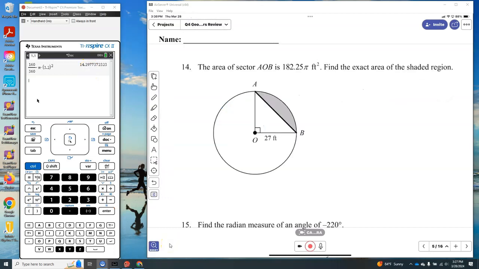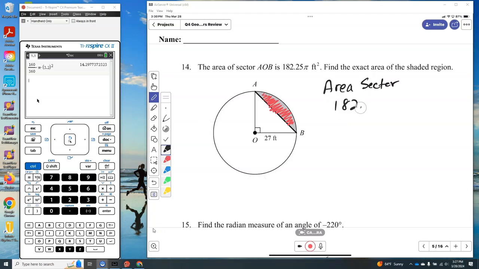The area of a sector AOB is 182.25 pi square feet. Find the exact area of the shaded region. So we're looking for this part, and we already have the area of the sector, which is 182.25 pi square feet. And when they say you want to find the exact area, that means you have to leave it in terms of pi.